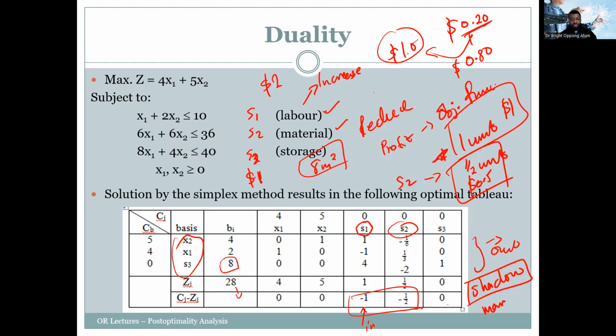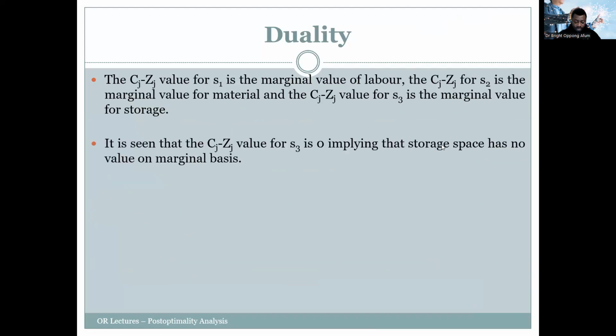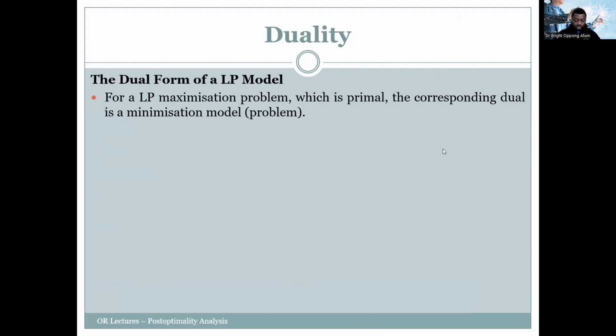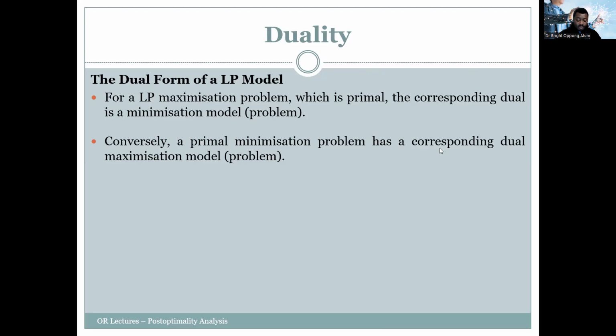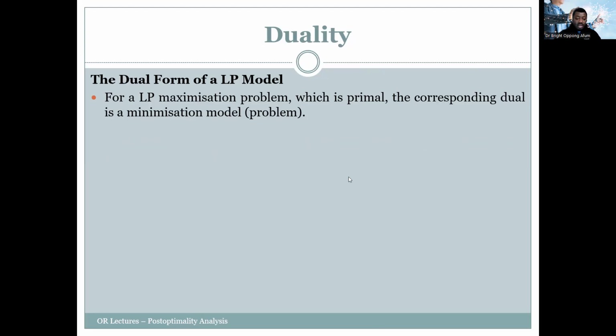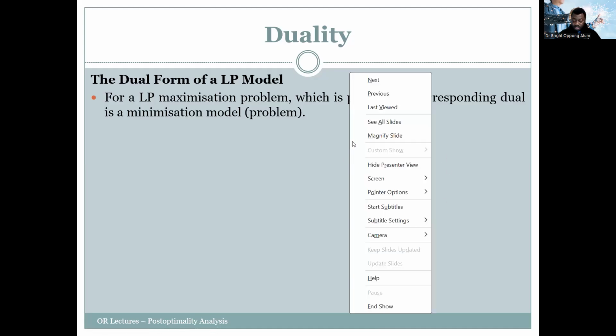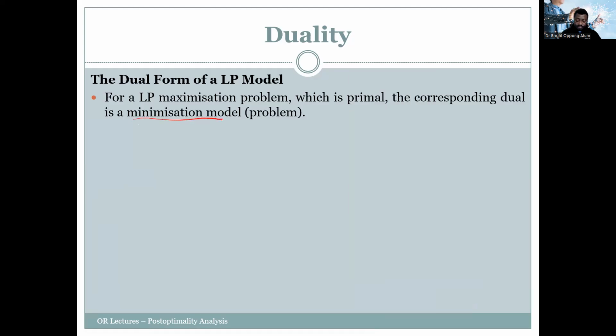So it is not a binding constraint, because it is in the solution basis with a value of 8, which implies that 8 meters square is left unused, right? So then how do we formulate the dual form of the LP model? Let's look at the formulation. For a linear programming model which is a maximization problem, the primal, its corresponding dual form is the opposite, which is minimization.